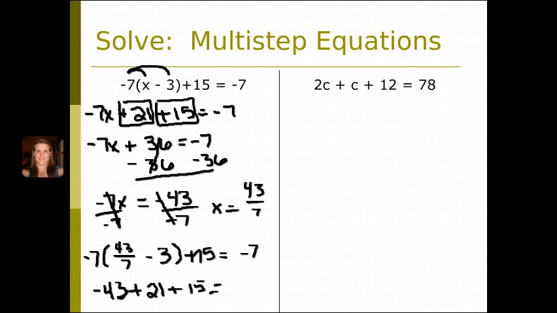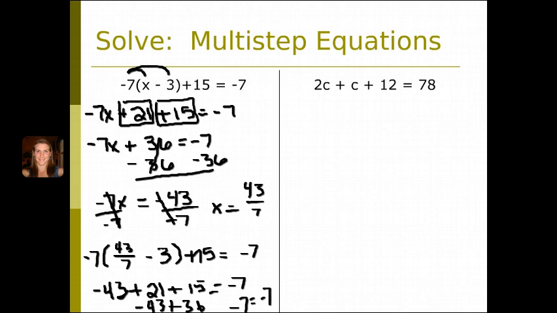And then we're left with negative 43 plus 36. And negative 43 plus 36 does give us negative 7, which equals negative 7. So our fraction was correct.